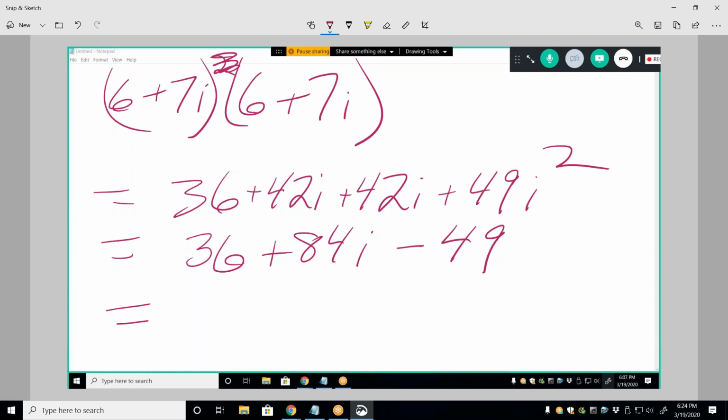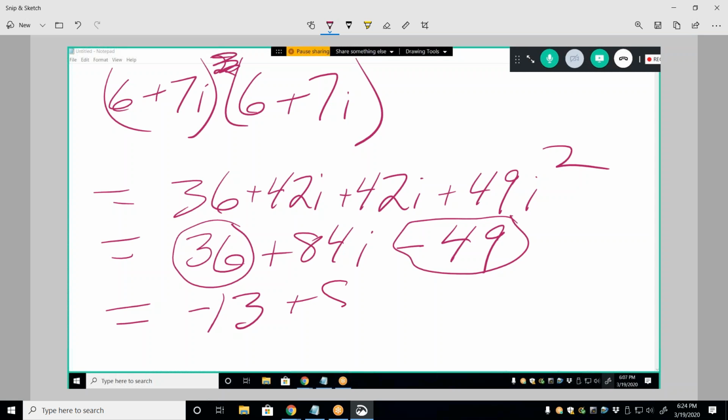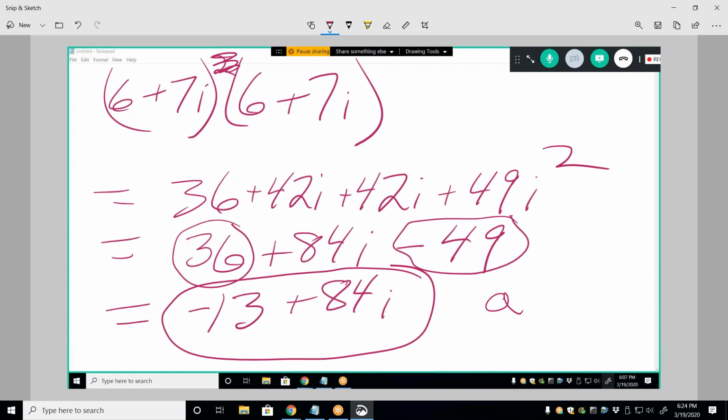And it's negative, because we have a smaller number minus a bigger number, which always has to be negative. So it's negative 13 plus 84i. That's in the format of a plus bi. You always want your answers to be in that format.